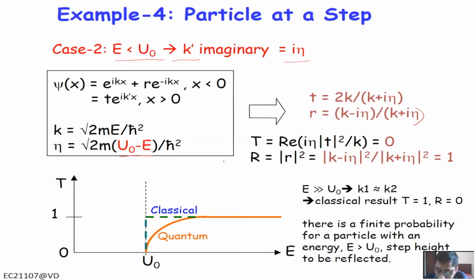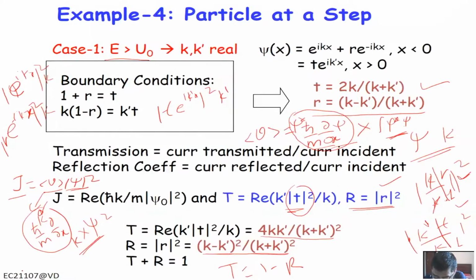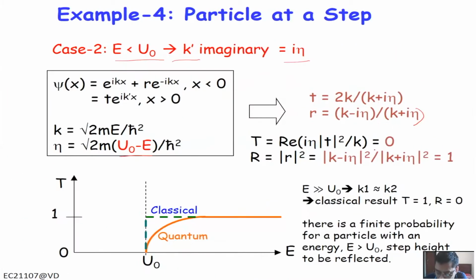Okay, and the transmission, what is it? 4k k prime. Now k prime is iota eta. So 4k times iota eta divided by (k plus iota eta) whole square, right? So that means this number will be imaginary. So the transmission will be an imaginary number.